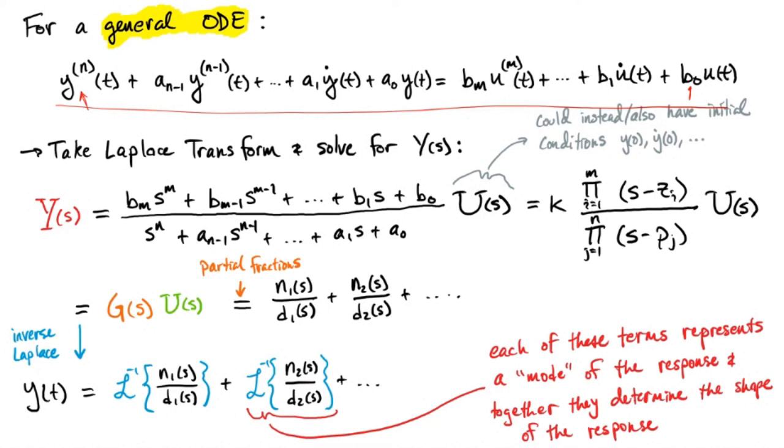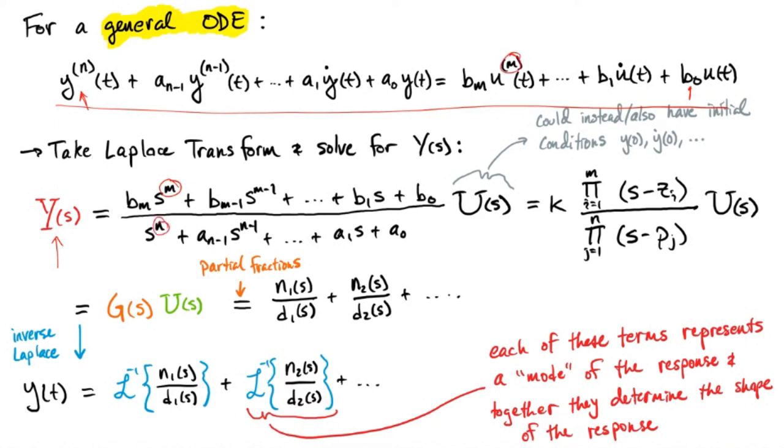And so I recommend that you go ahead and sit down and do this if this next step is not particularly clear. But this means that we are able to solve for capital Y of s in terms of essentially a rational function of polynomials in s. And so the numerator is going to be order m, because that's the number of derivatives that we have of the input.